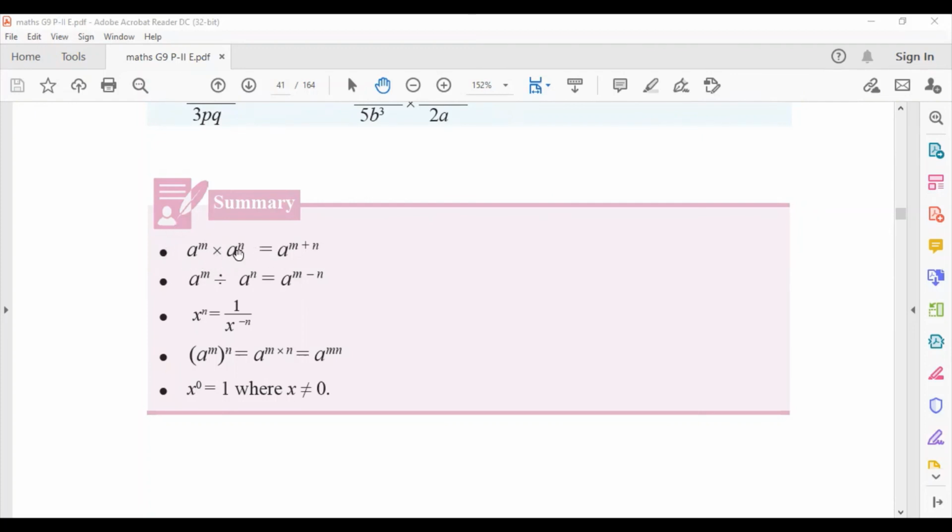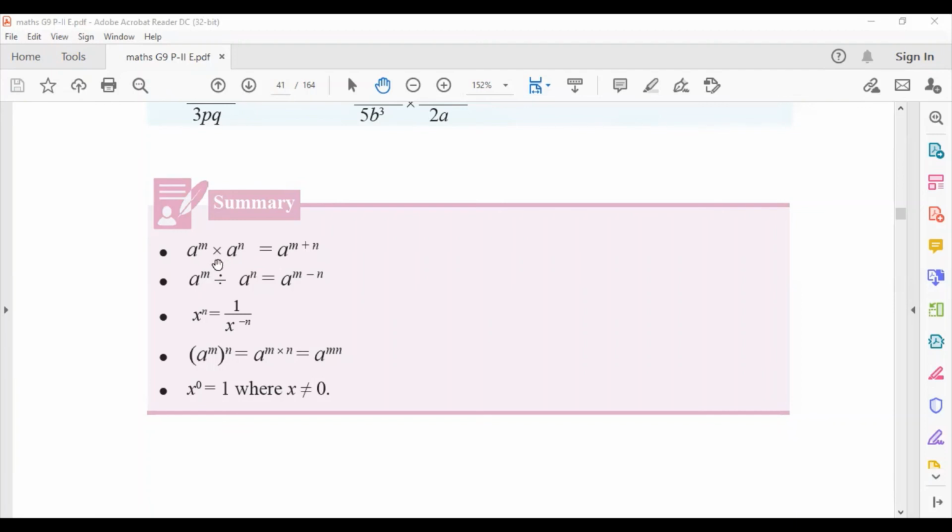a to the power m times a to the power n. When multiplying same bases, indices should be added. a to the power m divided by a to the power n. When dividing same bases, remember that if you are applying both of these two laws of indices, bases should be the same, right?